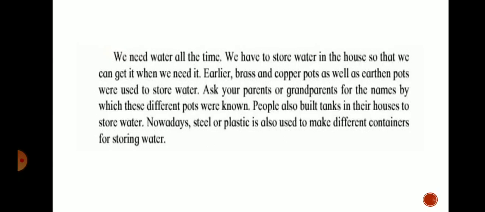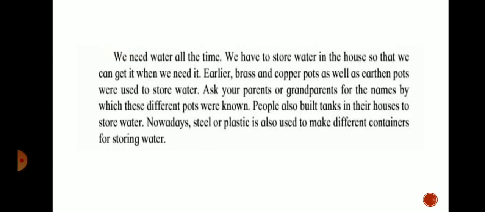So in olden times, steel was not there, plastic was not there, so people used metals like brass and copper. They prepared pots using these metals, and earthen pots were also used to store water.